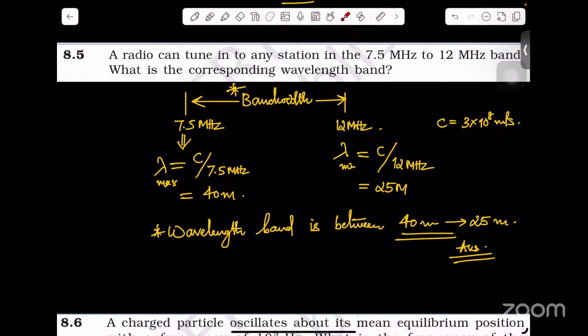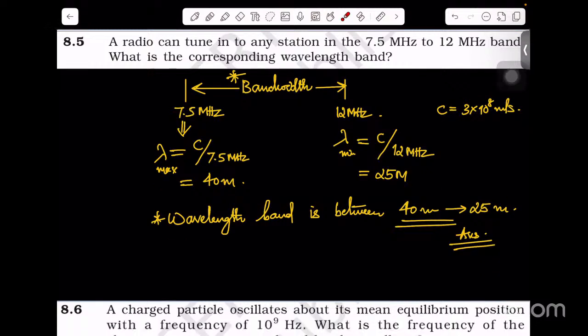So we found the corresponding wavelengths. If this is the minimum frequency, this should be the maximum wavelength, which is 40 meters, and this is the minimum wavelength, which is 25 meters. So the wavelength band is between 40 meters and 25 meters. So this was the answer to this question.